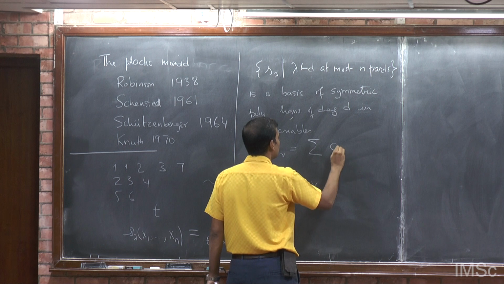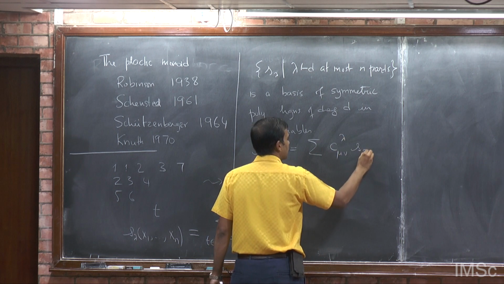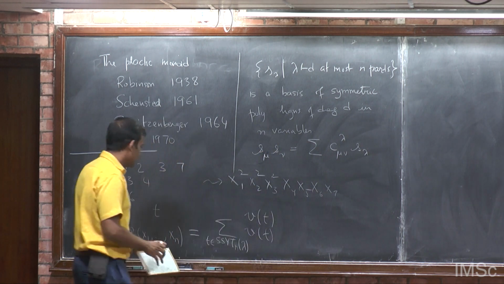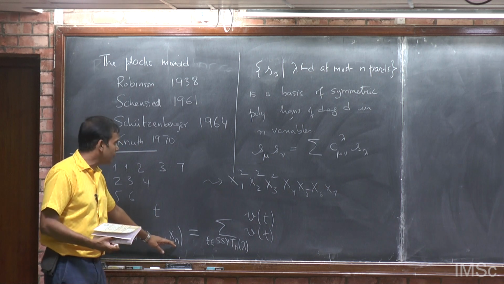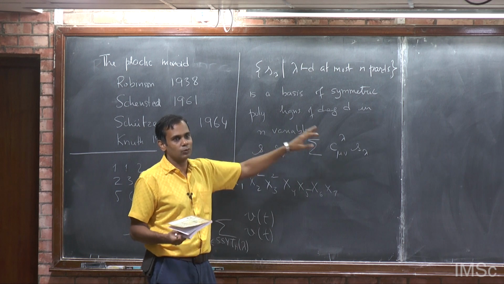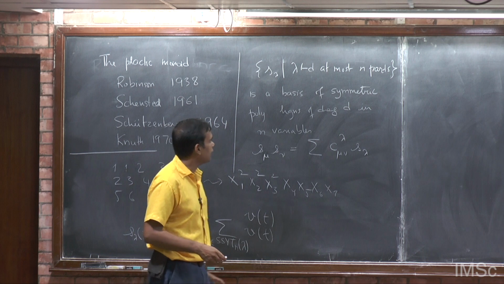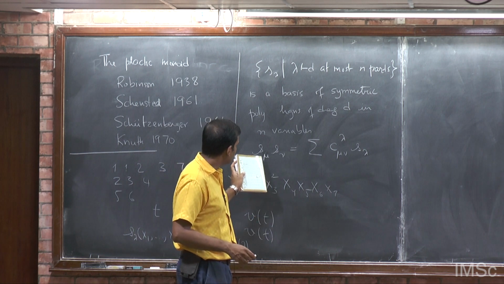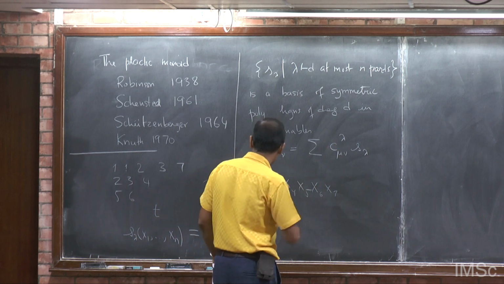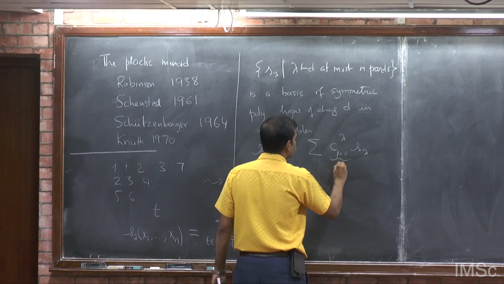So, there will be some coefficients C lambda mu nu times S lambda, and you can just take n very large, then these things will stabilize. So, we just assume that n is quite large for lambda and mu and nu. Just take n to be larger than the size of mu plus the size of nu. Then these things will stabilize. As you introduce more variables, it will not matter, and these coefficients are called the Littlewood-Richardson coefficients.